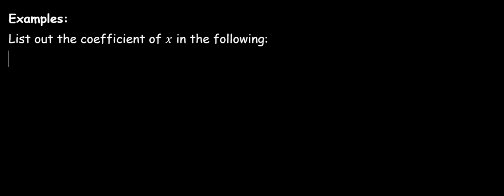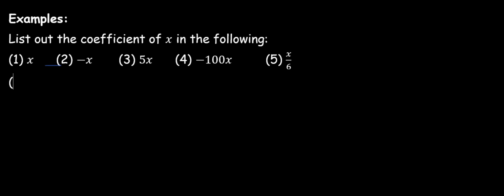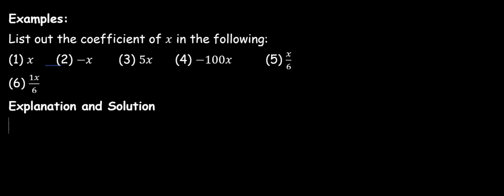Examples. List out the coefficient of x in the following: 1, x; 2, minus x; 3, 5x; 4, minus 100x; 5, x over 6; 6, 1x over 6. Explanation and solution. Number 1. Coefficient of x is 1.